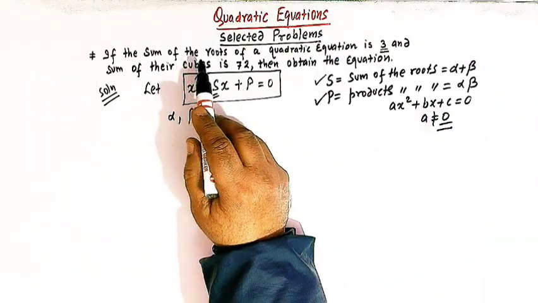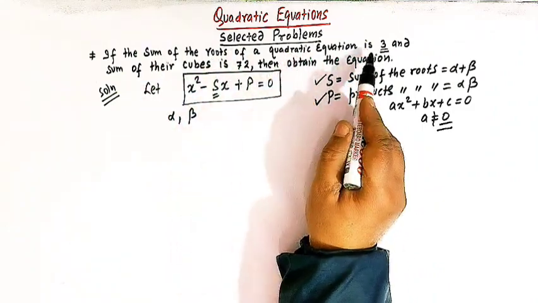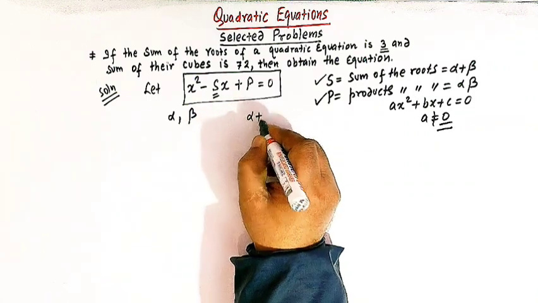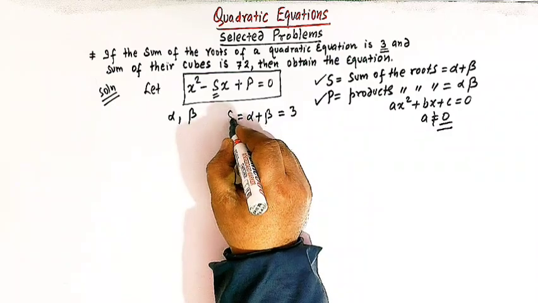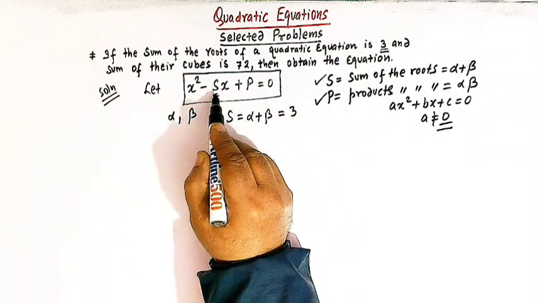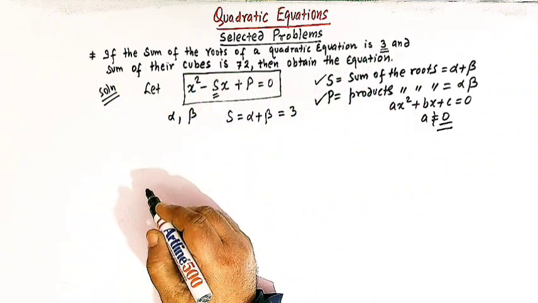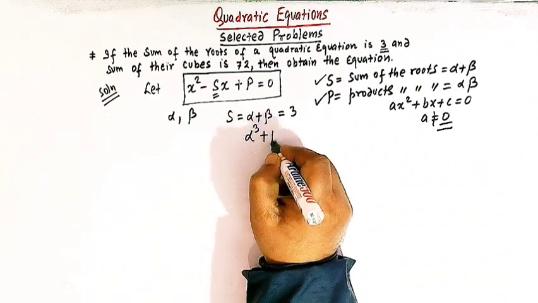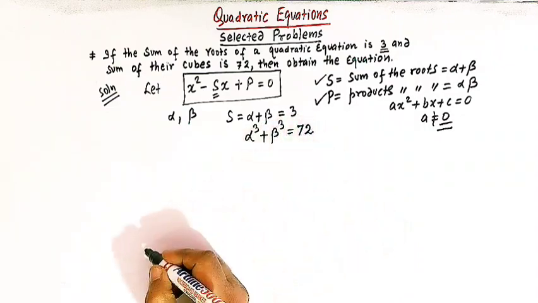So let us first write the conditions here. The sum of the roots of a quadratic equation is given as 3, so alpha + beta = 3. The sum is given here, and the sum of their cubes is 72, so we are also given alpha³ + beta³ = 72, right?